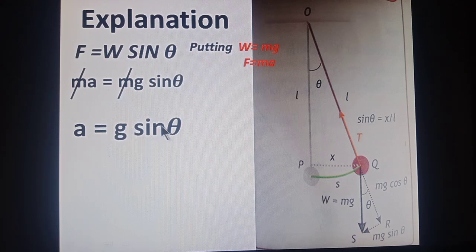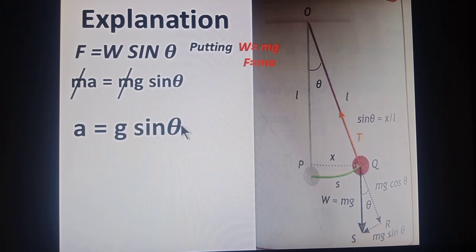Now again, from trigonometry, you know that sin theta is the ratio of perpendicular to hypotenuse of a triangle. Here is a right angle triangle OPQ, in which we consider side PQ, that is x, as a perpendicular and side PO as a hypotenuse.